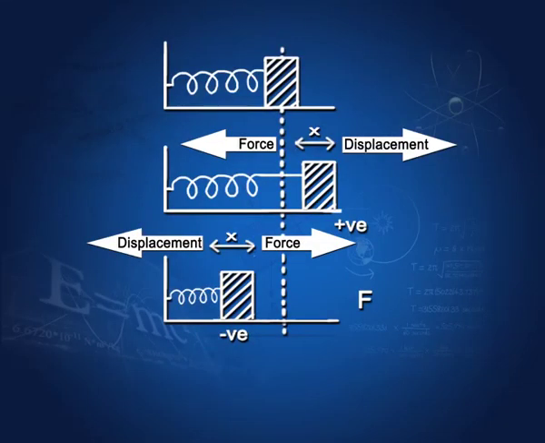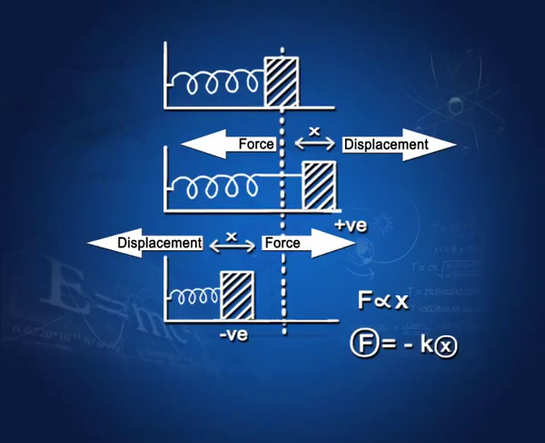So, this is proportional to x, and from here we can also see that it would be equal to minus some k times x. The minus sign is important to understand over here. The relevance of minus sign here is that this displacement vector is opposite to the force vector.